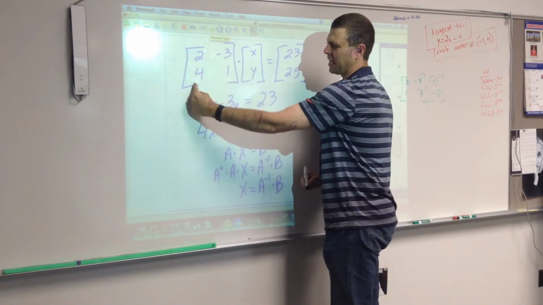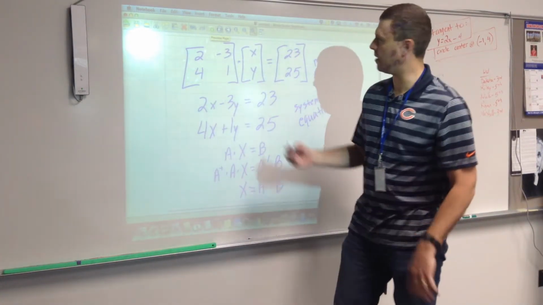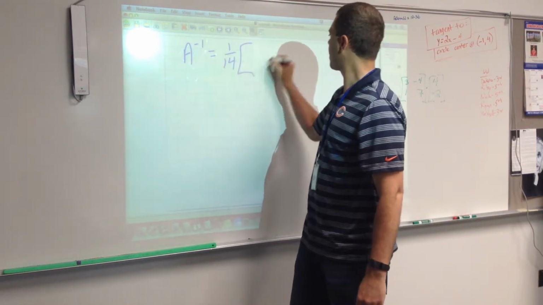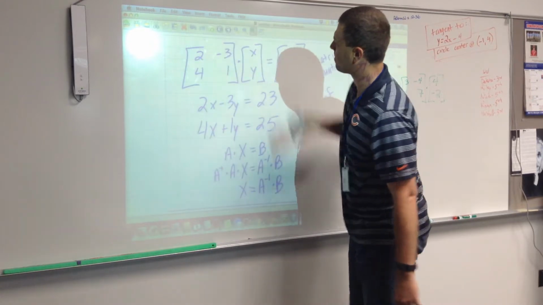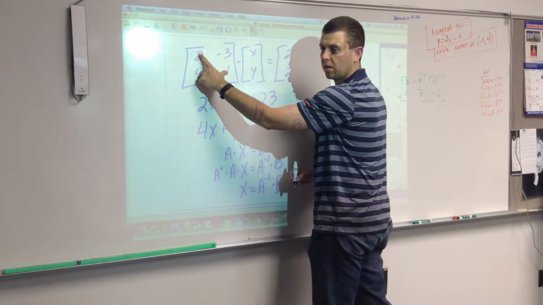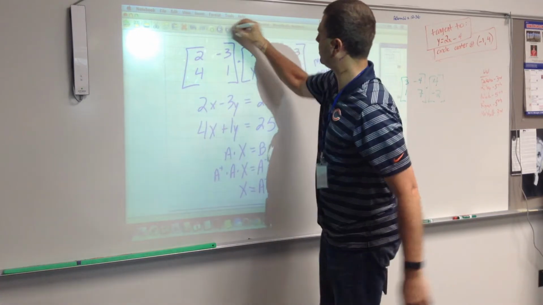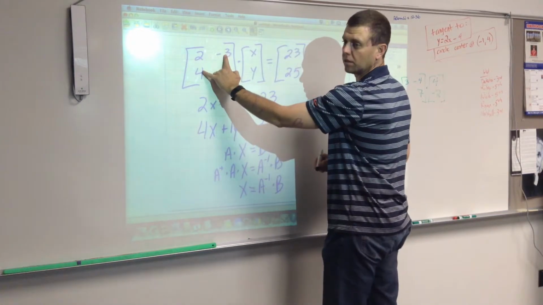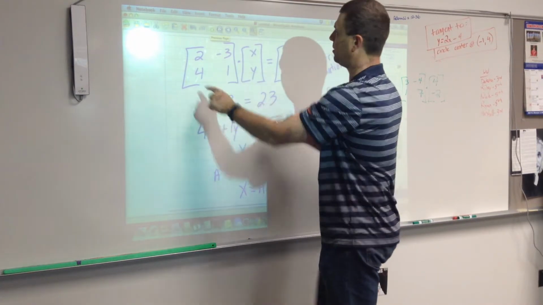2 minus -12 is 14, right? A and D do what? Switch spots. B and C change signs. So 3 up there, -4.